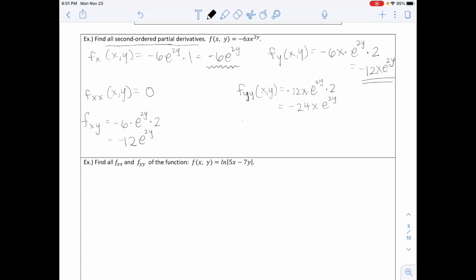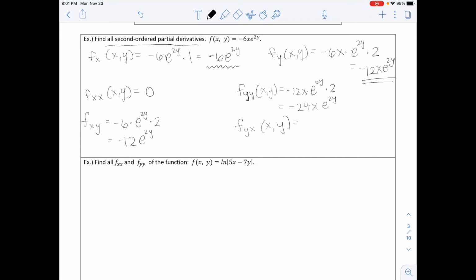And then we also need to find our derivative with respect to x and to y, but this time the order that we have to go in is y first, and then x. And taking the derivative of y first, we've double underlined that. And now I have to take the derivative of it with respect to x.